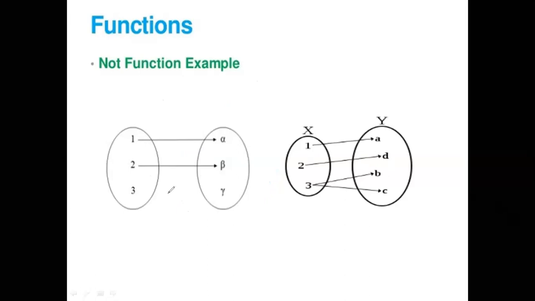This is not a valid function because, suppose this is set A and this is set B, in set A element 3 is not participating with any element of set B. That is why this is not a valid function.